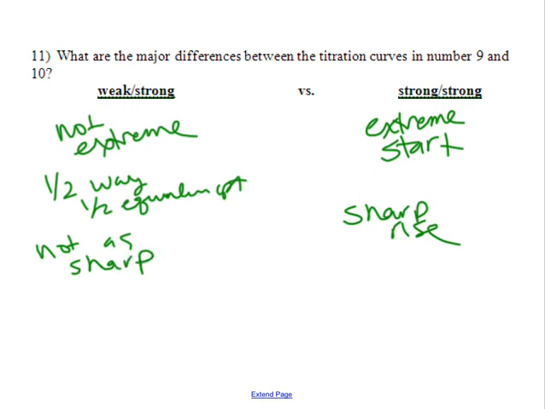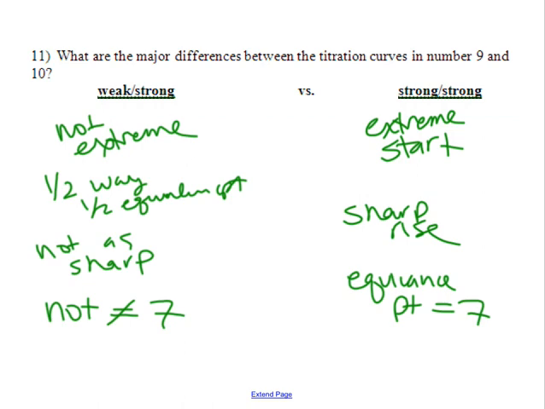Okay. What else? One more huge thing. Equivalence point is equal to 7, not equal to 7. Not equal, equivalence. And it's going to depend on whether the base is strong or the acid is strong to be whether it's above or below 7.